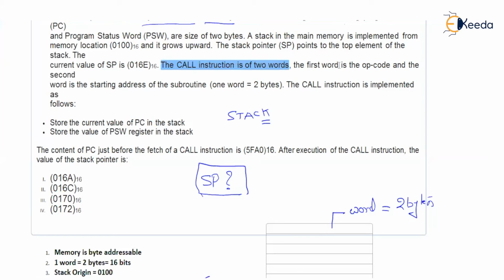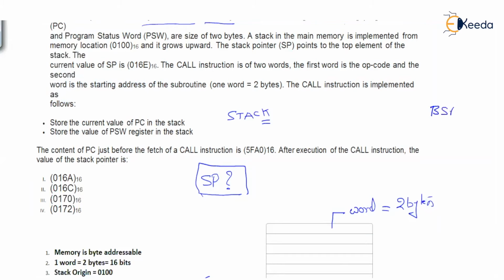The first word is the opcode and the second word is the starting address of the subroutine. The call instruction is implemented as follows. He's talking now about the implementation of the call instruction. You know that the call instruction is going to branch to a subroutine. If you remember our BSA instruction, BSA is nothing but the call instruction. When you talk about BSA, we branch to the subroutine address.